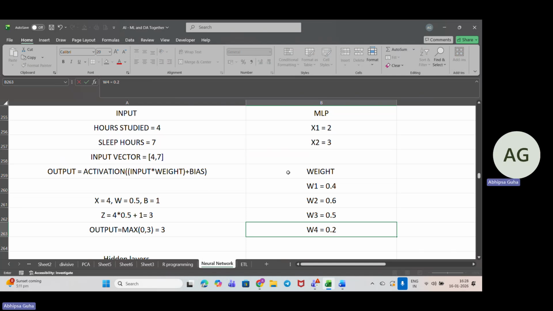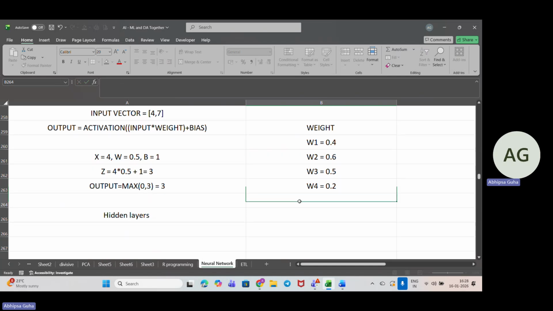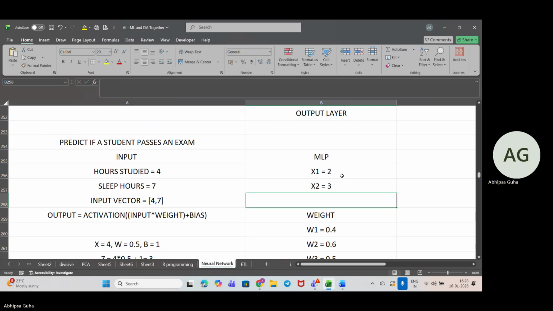And there should be two biases, so B1 is 1 and B2 is 0.5. Now for the hidden neuron 1, because there are two hidden neurons, that is neuron 1.